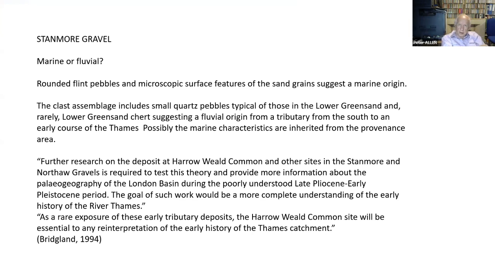So that possibly suggests a fluvial origin from a tributary from the south, feeding into an early course of the Thames. And an argument is put forward that possibly the marine characteristics have been inherited from the provenance area, from the Wealden area. So you can see the sort of argument that's developing.